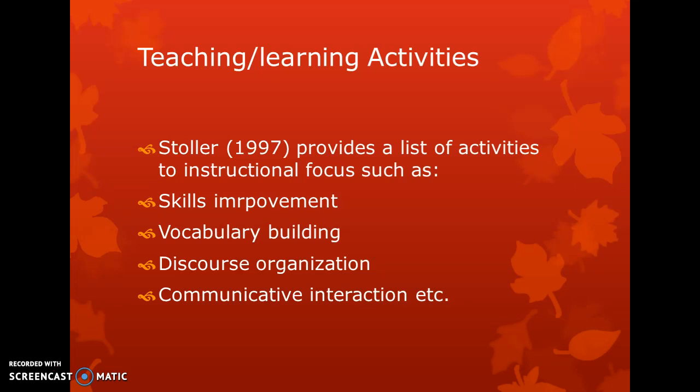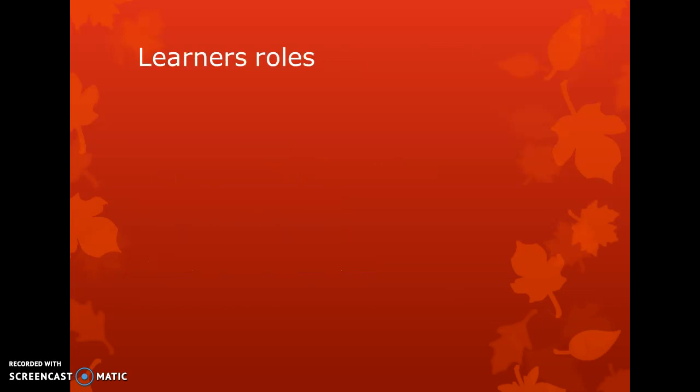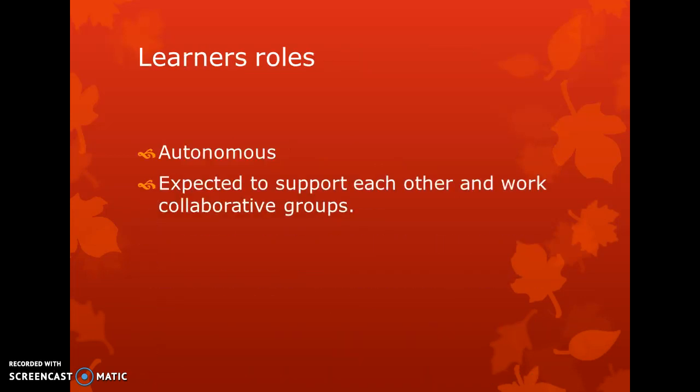For vocabulary building, you can give them assignments to improve their vocabulary and spelling. Now, for the learner's role, there are 3 main important points. The first one is autonomous. What does autonomous mean?